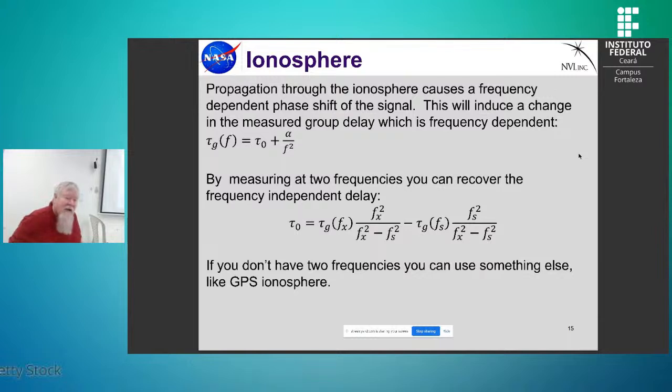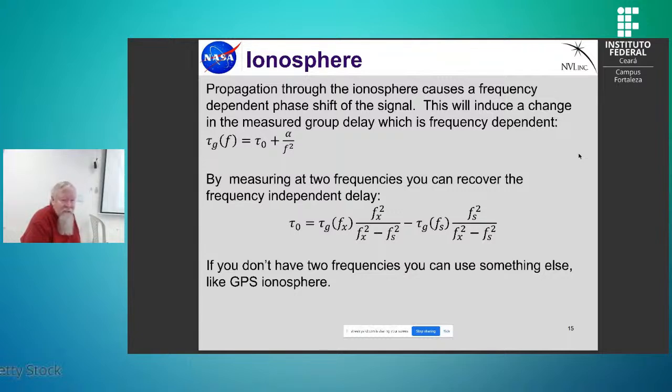Ionosphere. We talked about this yesterday, that when the signal goes through the ionosphere, it is delayed. And this introduces a change in the group delay. And this is frequency dependent.